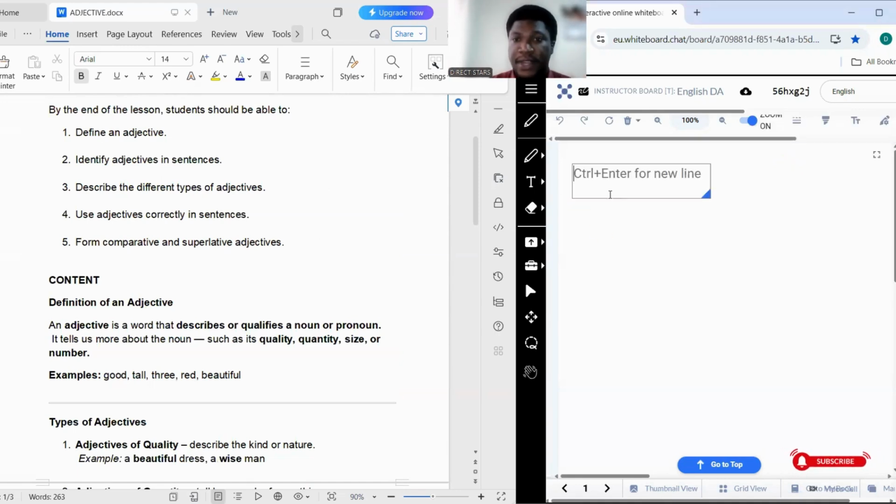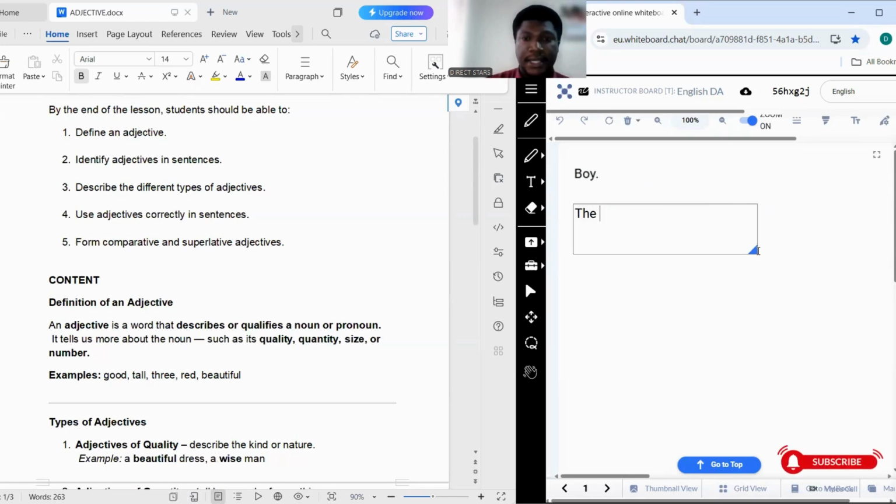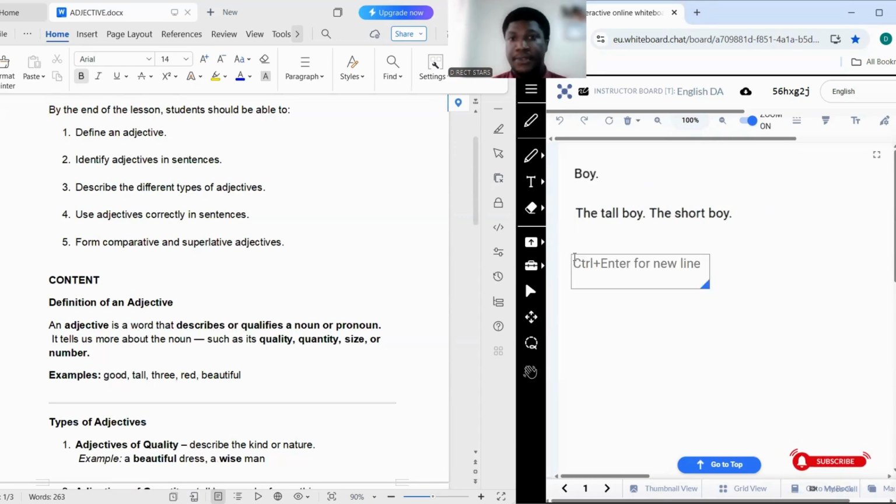So, if we have a noun, let's say boy. Boy is a noun. It's a name. It's a gender. Now, if we want to give more information about the boy, we're trying to describe the boy. So we say the tall boy, the short boy. Let's look at a building, for example. Buildings are also nouns.